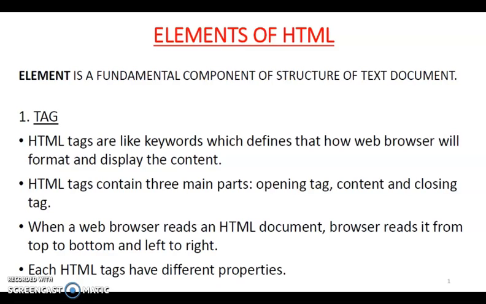The first one is the element of HTML. Now, what is the meaning of element? The HTML element is a fundamental component of the structure of a text document. It is defined by a start tag, some content, and an end tag.